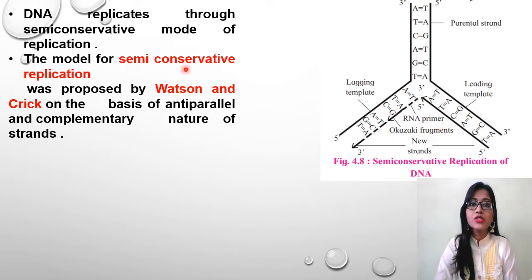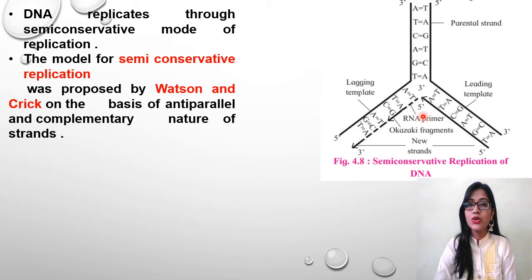Semi-conservative replication is the type of replication in which, out of the two strands of DNA, one strand is old and the other is new. One strand is the parental DNA strand and the other is the newly synthesized daughter strand.